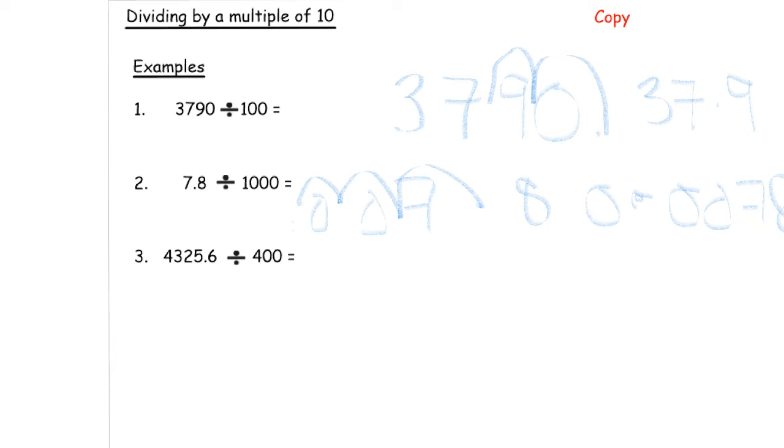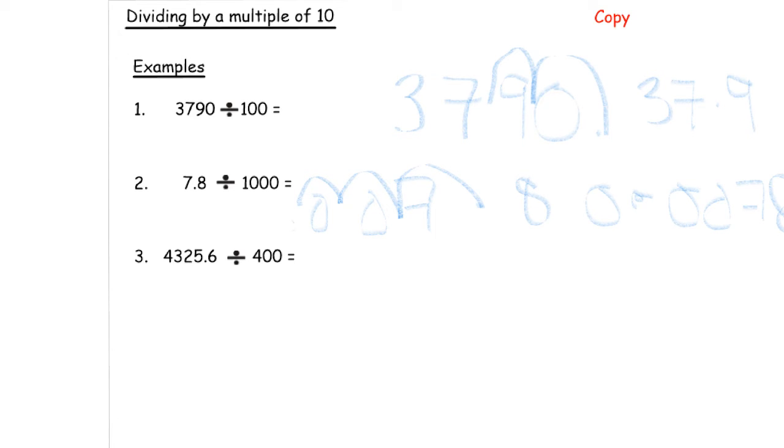If I was doing this one, I would say, right, first of all, divide by 100, which means the decimal point's going to go back 2 jumps. Let me get the pointer again. So it's going to move from there. It's going to go 1, 2, and end up between the 3 and the 2 when you divide by 100.